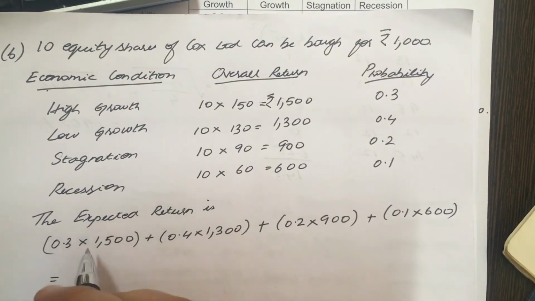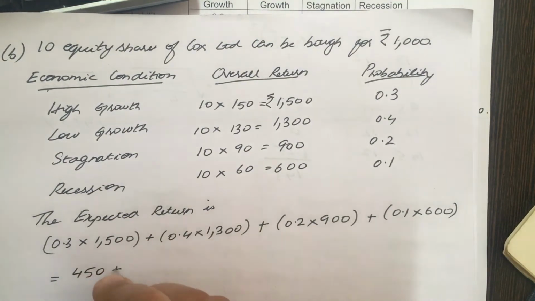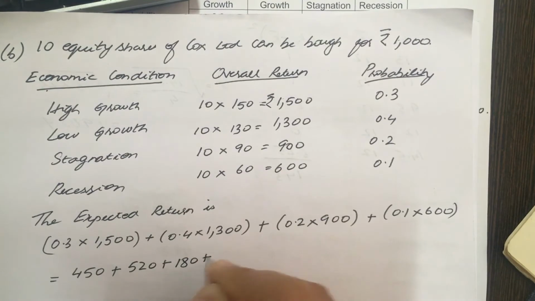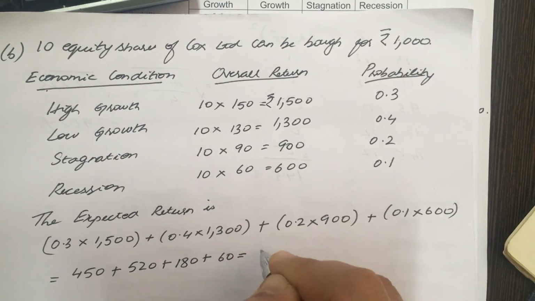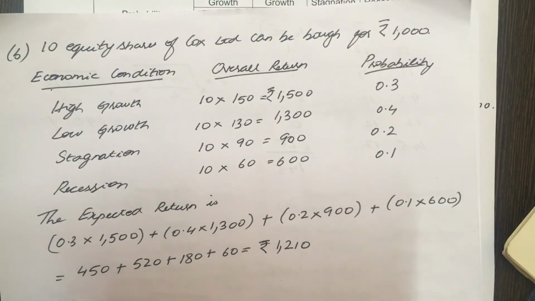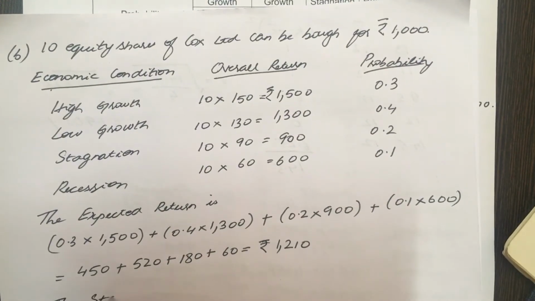So that equals 450 plus 520 plus 180 plus 60, which is equal to 1210. Now find out the standard deviation.